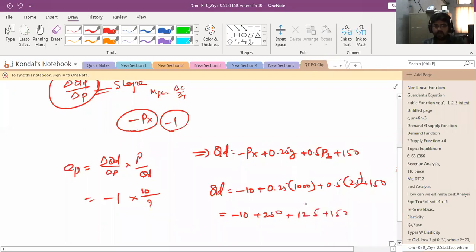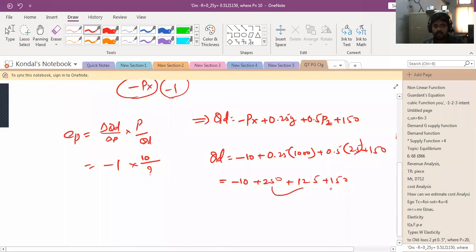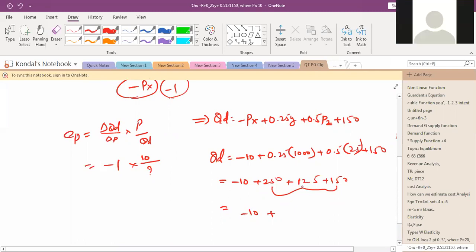Adding the positive values, minus 10 plus 250 plus 12.5 plus 150.